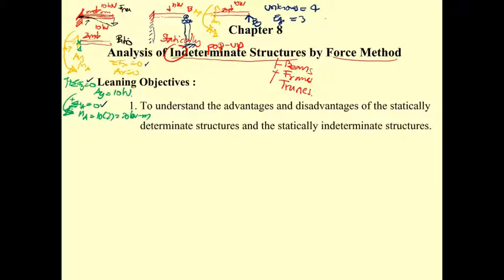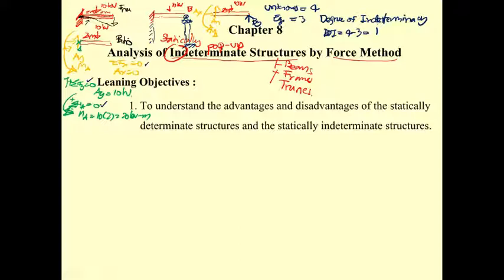So this beam has what is called the degree of indeterminacy, or you may call it DOI, equal to 4 minus 3 equal to 1.